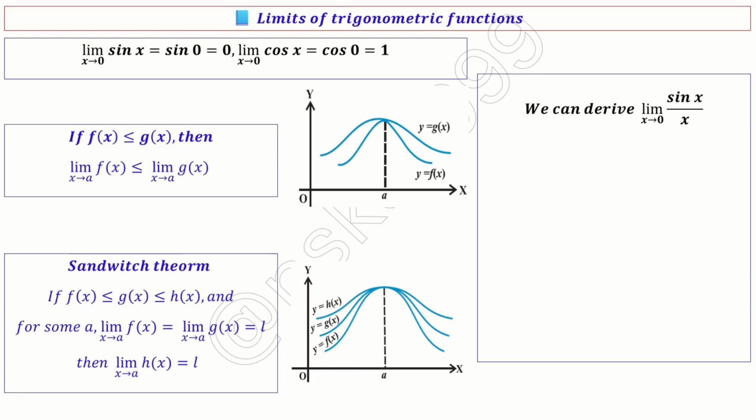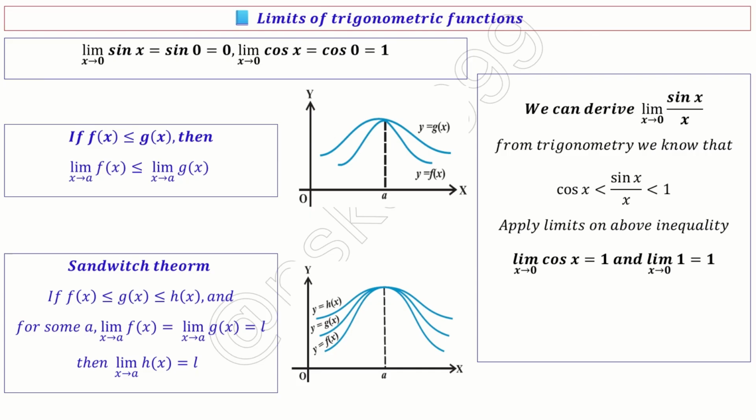Okay, so in trigonometry, you have a relation: cos of x is less than or equal to sin of x by x, less than or equal to 1. Once you know this important relation, you can apply limits on this relation. Limit x tends to 0, cos of x will be 1, and limit x tends to 0, 1 is 1.